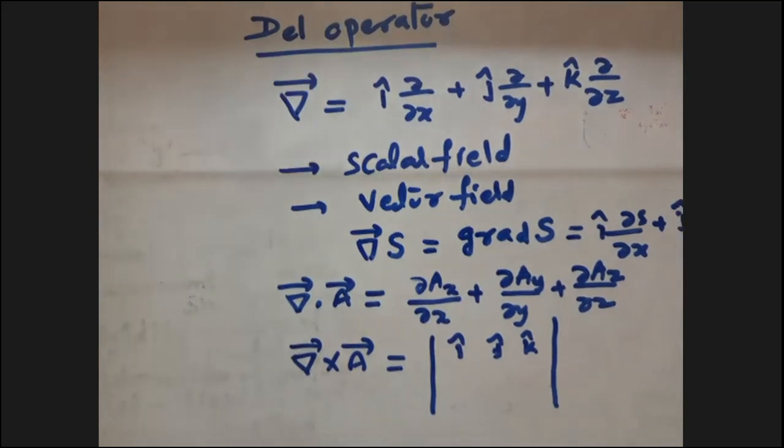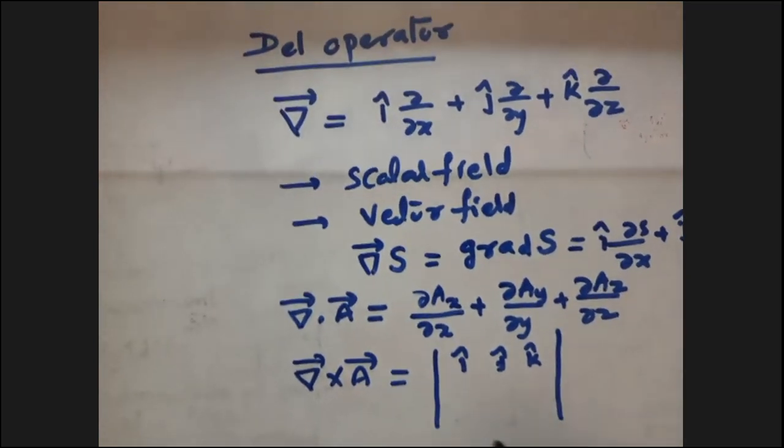Like that, we can write del bar cross a bar as i cap, j cap, k cap, the del coefficients dou by dou x, dou by dou y, dou by dou z, and here ax, ay and az.